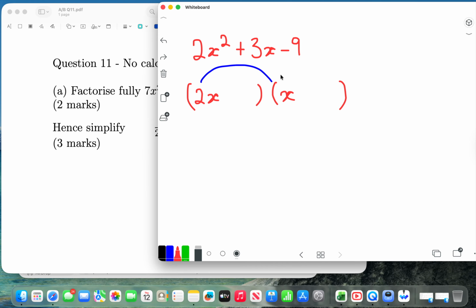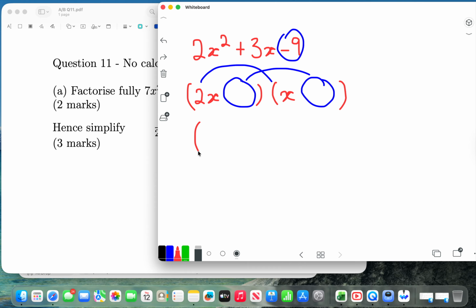And we have to find a combination such that this number and this number multiply to make -9. So we have to do as many combinations as possible until we find one that expands to give us this. But these two must multiply to make the -9.